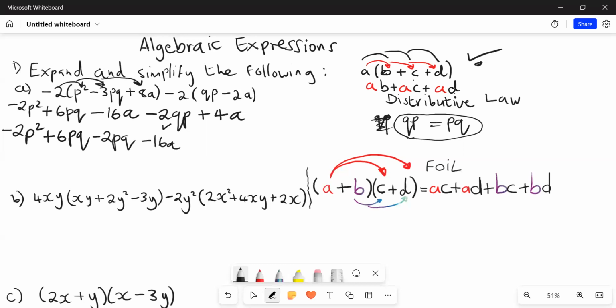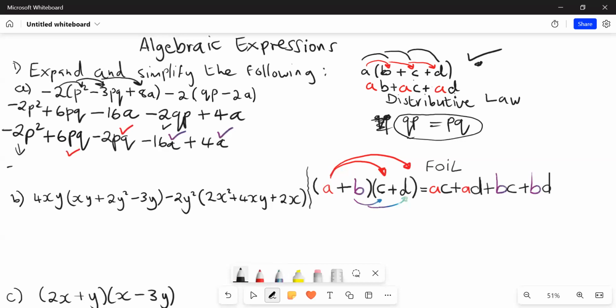And then now we say -16a plus 4a, right? And therefore now we need to actually add and subtract our like terms, right? We drop down this one.